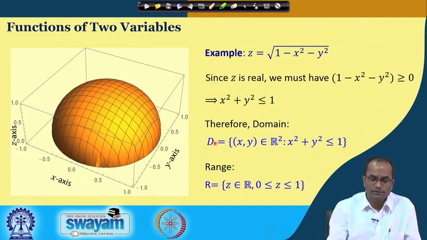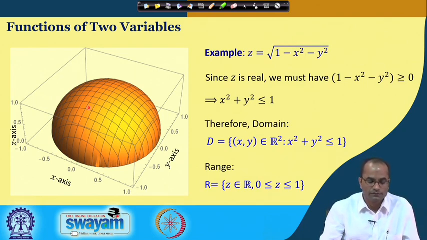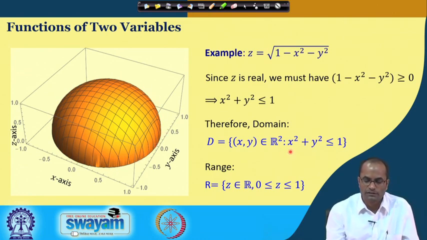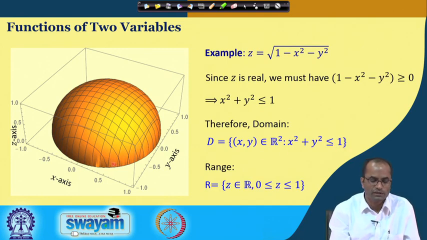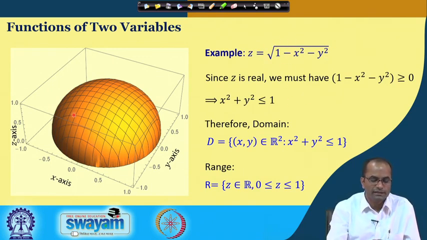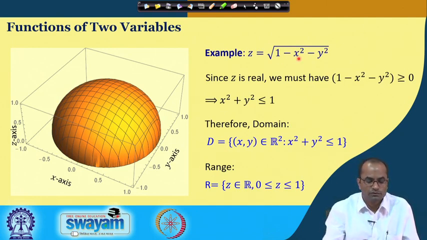This is the graph of this function, which is basically the upper half of the sphere. Here we have the z axis, the x axis and the y axis. This domain is the circular disk x square plus y square less than or equal to 1, and at each point of this circular disk we have computed the value of z and this surface is plotted. So, this is the geometrical interpretation of functions of two variables.